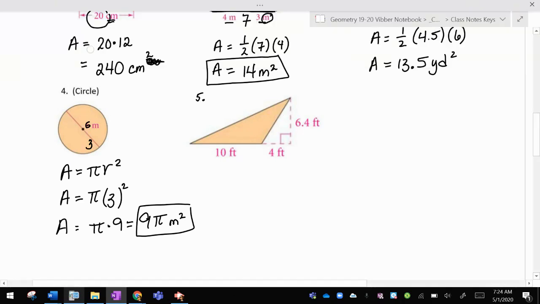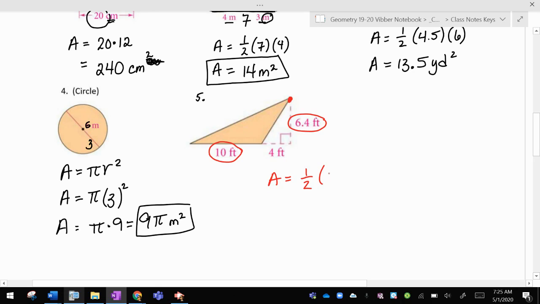So when I do base times height, the base is 10 and the height is 6.4. This 4 feet is just an extra little piece. Now, this picture also goes to show you that the height of a triangle could technically be outside the triangle, because I want the perpendicular distance from the top to the bottom, and that's that 6.4.